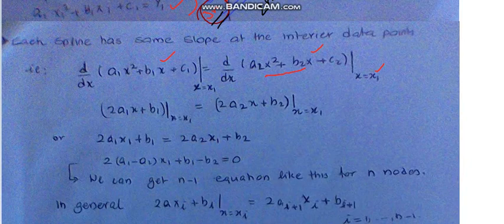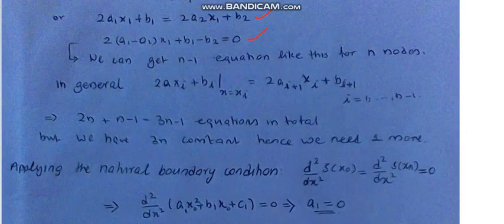Then if you calculate the differentiation, we have the equation 2a1x plus b1 equal to 2a2x plus b2 at x equal to x1. And then we substitute x equal to x1, and we reduce this equation into this form. So this is the final expression, and this final expression is another equation.